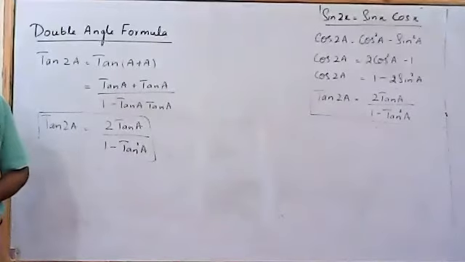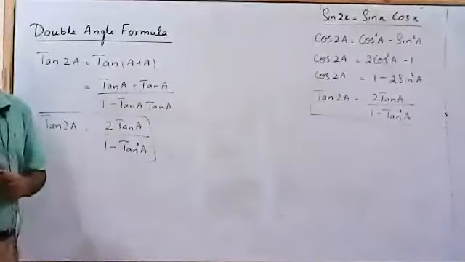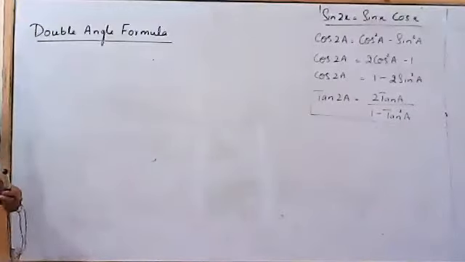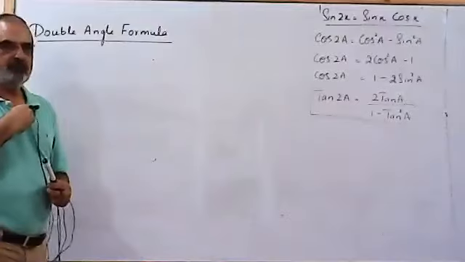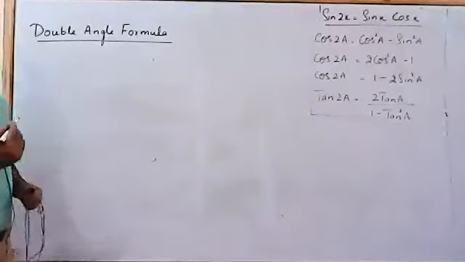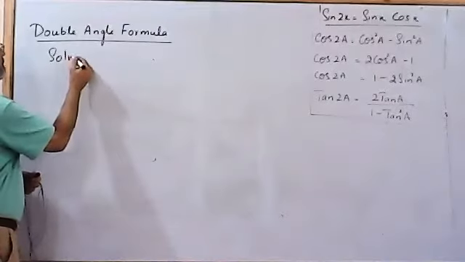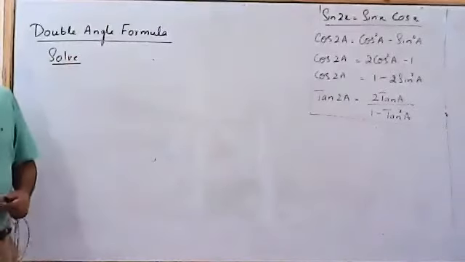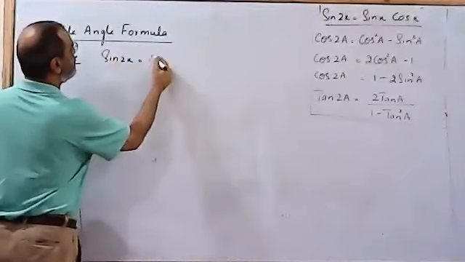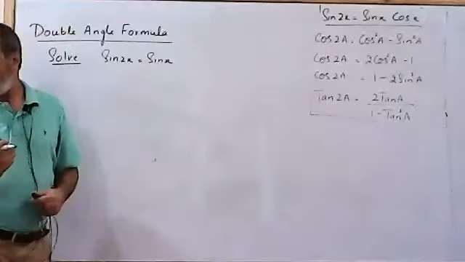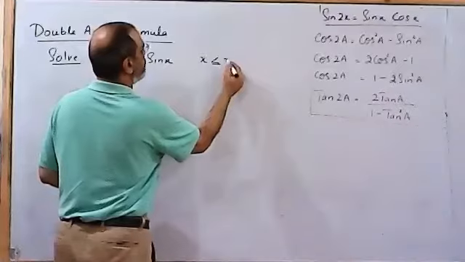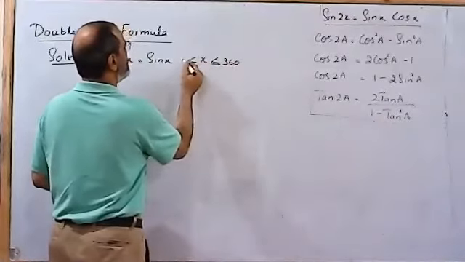Question is, solve sine 2x is equal to sine x, where x varies between 0 and 360.